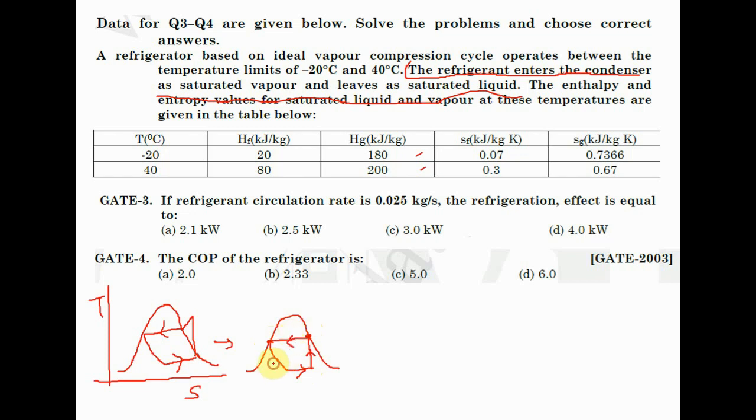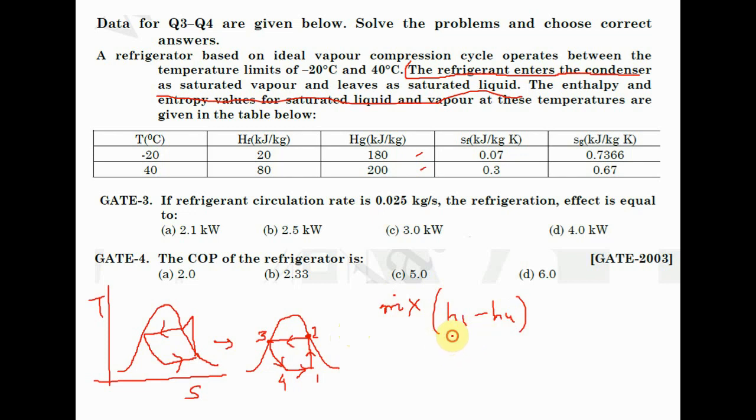So this is the modified TS diagram as per the conditions given in the question. Suppose these are points 1, 2, 3, 4. What we have to find is the refrigeration effect. They have given the mass flow rate. So refrigeration effect will be equal to mass flow rate into delta H, that is H1 minus H4.